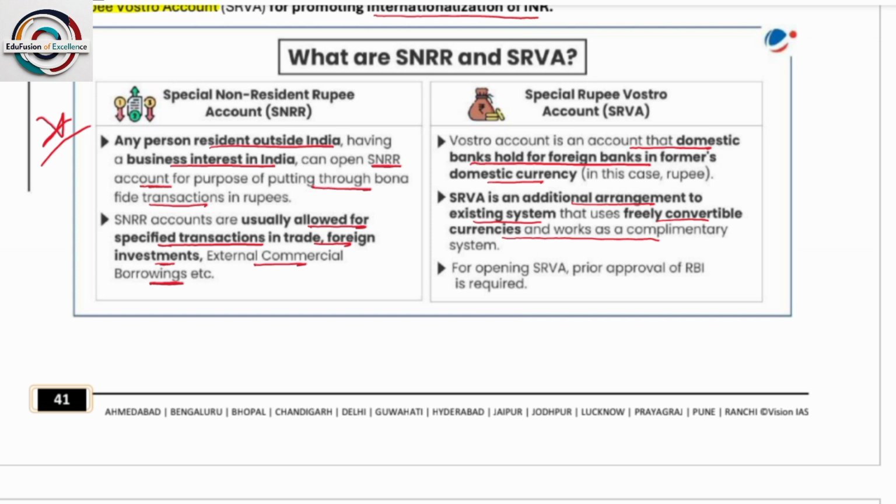So there is no need to do transactions in dollars. It will accept the rupee, and it will automatically get converted to dollars in the system at US banks, because the US has a reserve of rupees and we have a reserve of dollars. So again, similarly, if a US customer purchases something from India, he needs to make payment.